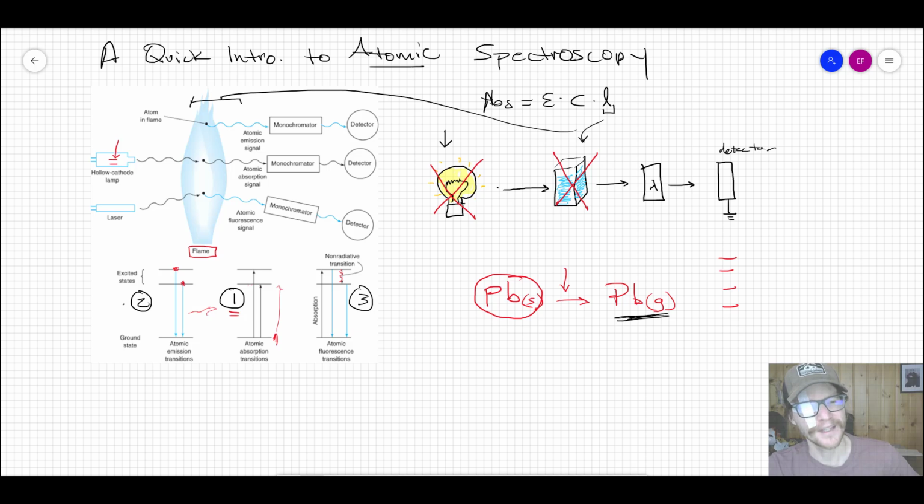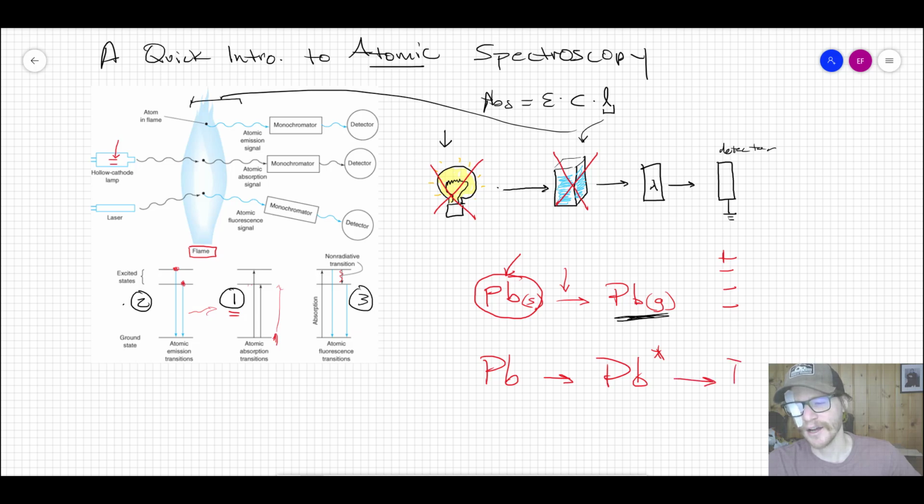So in this case, you get a hollow cathode lamp that has a cathode made of lead, and then you bias these, you apply a large voltage between these. This is evacuated, so there's a vacuum inside of here, and what you do is you pull electrons off of the positive electrode, and then they rapidly accelerate towards the negative electrode. Those electrons smash into that lead, or whatever the element is, cathode, and they excite the lead to a lead star, to some excited atomic energy level.